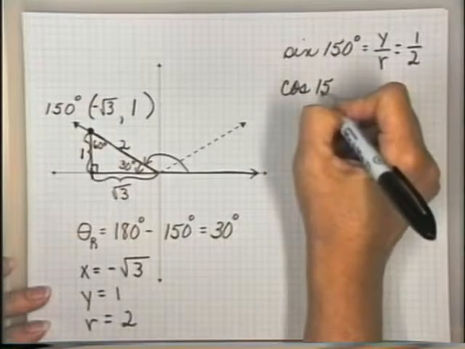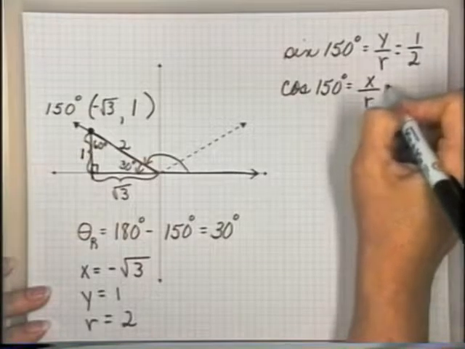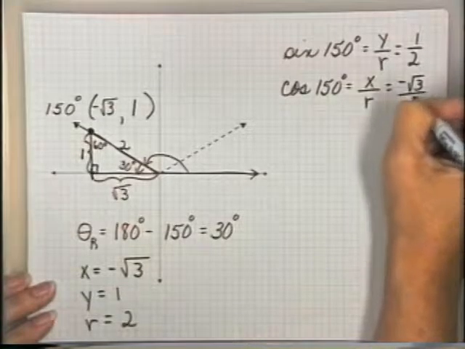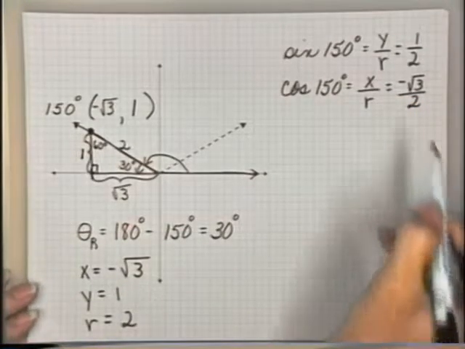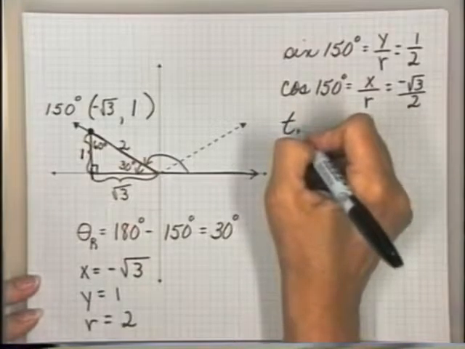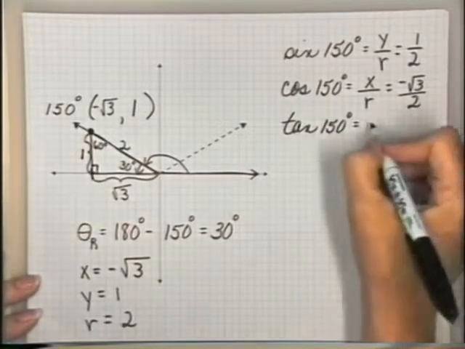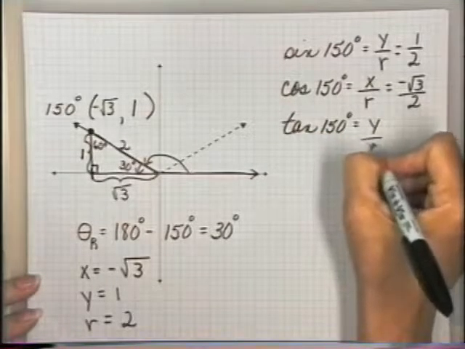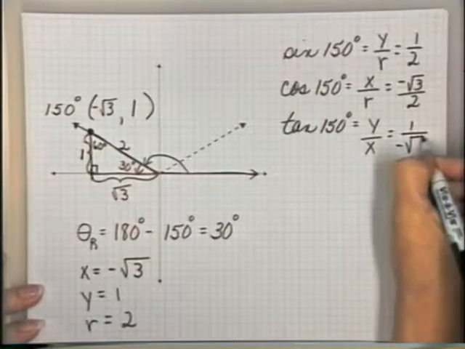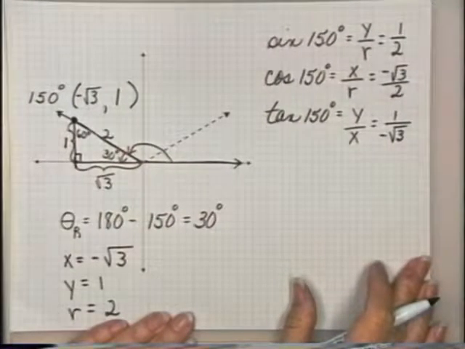To find the cosine of 150 degrees, that's the x divided by r. In this case, that would be minus the square root of 3 divided by 2. Now, we would prefer to put the minus out in front. For the tangent of 150 degrees, I know that that is y divided by x, so that would be y divided by minus the square root of 3, and we know we don't leave that like that, do we?